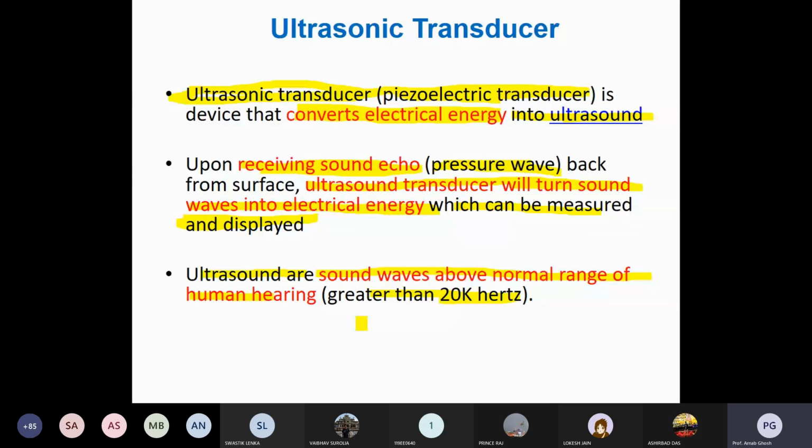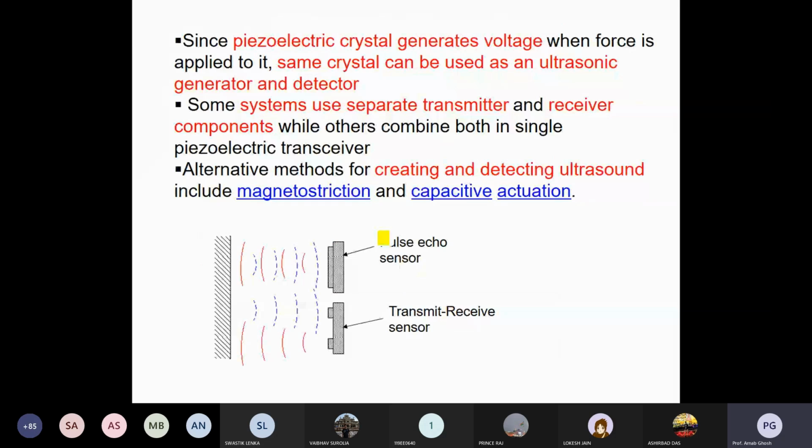So how does it work? You can see pulse echo sensors, piezoelectric sensors. The red one transmits the sound wave, and then it is reflected and comes back to your sensor terminal.